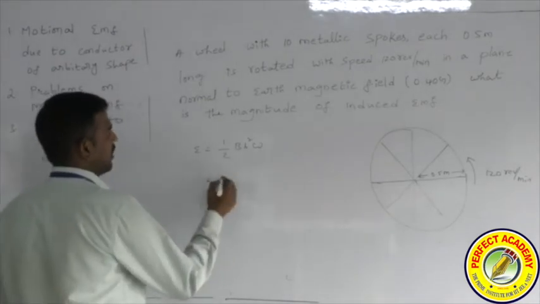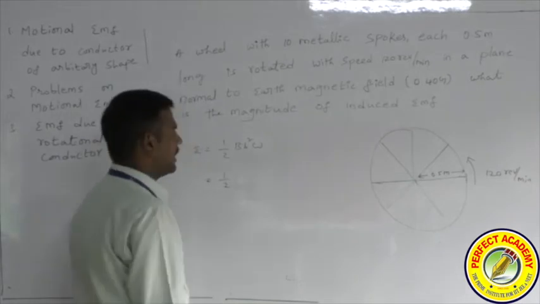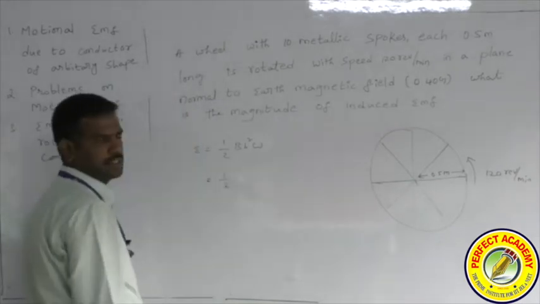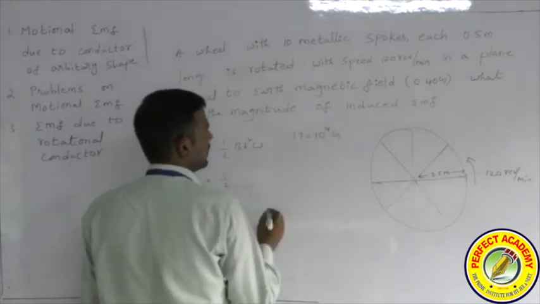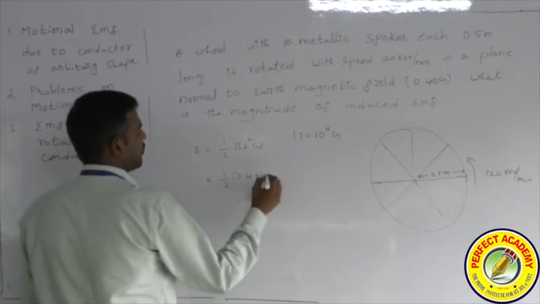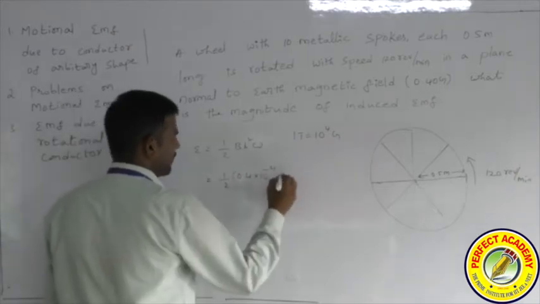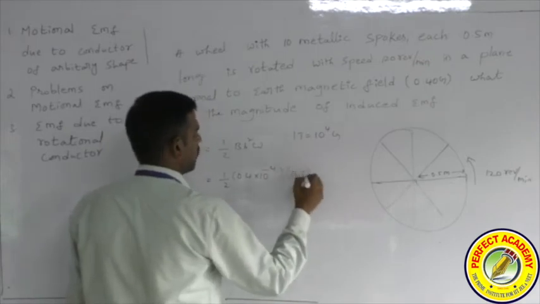What is the B? They have given 0.40 Gauss, but we have to substitute in the SI unit system. 1 Tesla equals 10 to the power of 4 Gauss. Hence 1 Gauss equals 10 to the power of minus 4 Tesla, so B is 0.4 into 10 to the power of minus 4 Tesla. Multiplied by L, which is 0.5 meter, so 0.5 whole square.